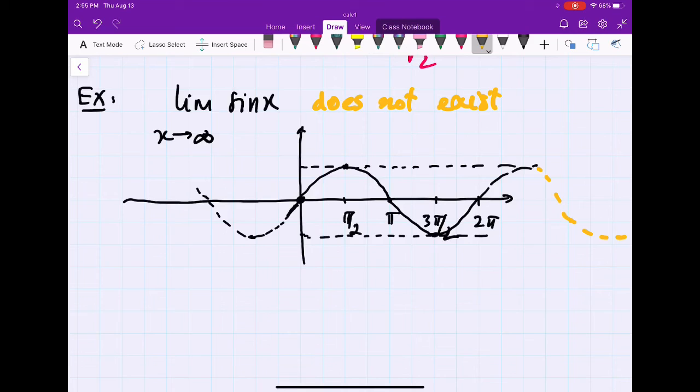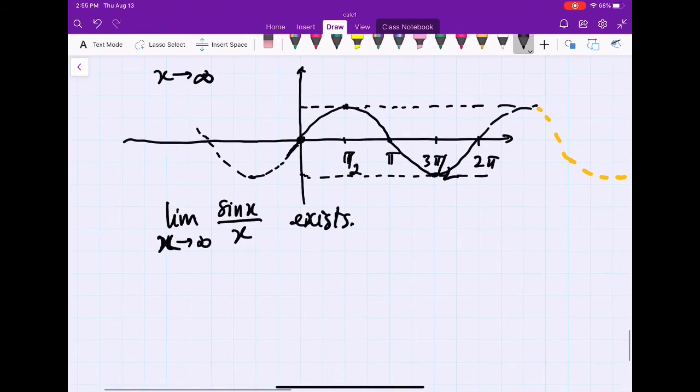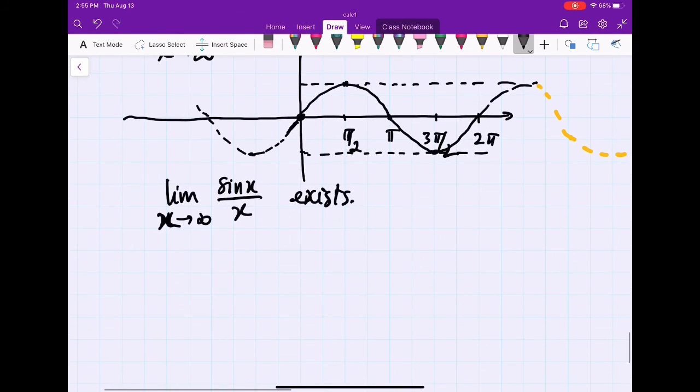Does that make sense? But the limit of the function sine x over x when x approaches infinity is 0. Why?